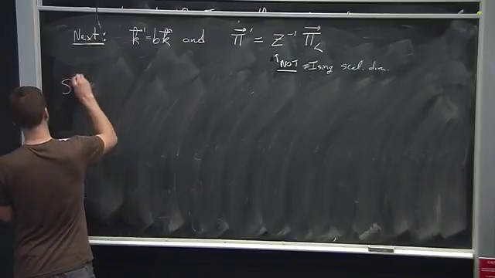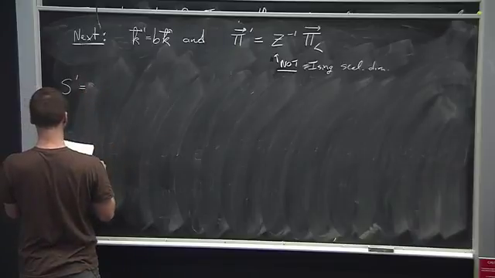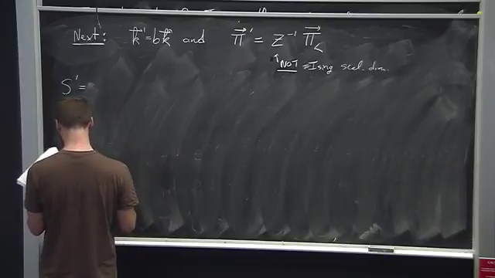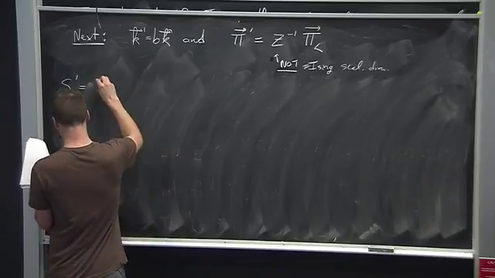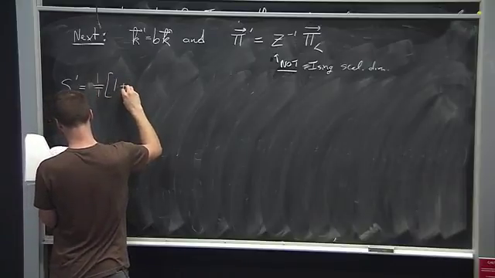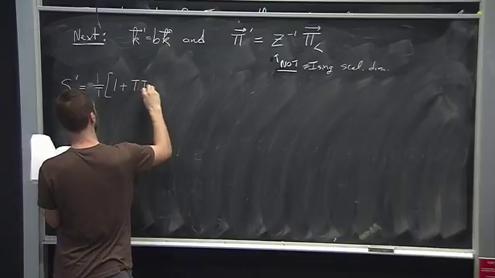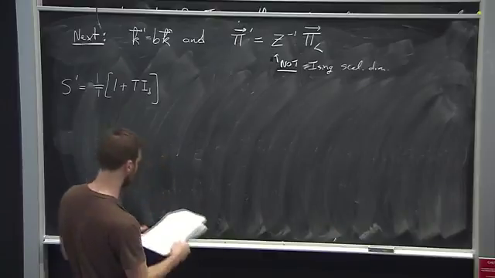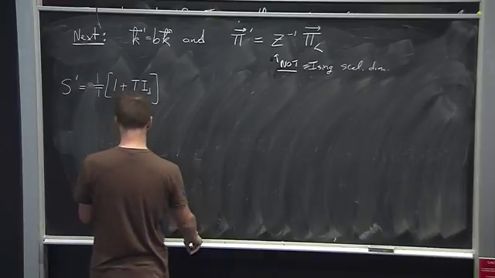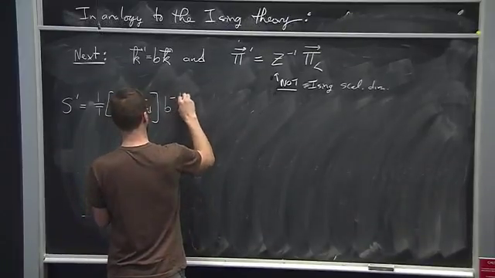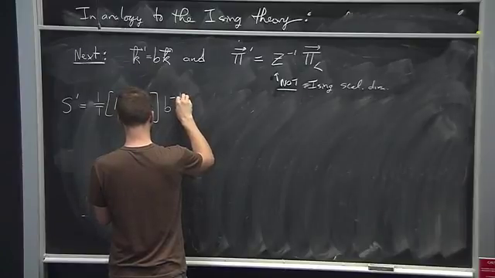So I'll just write the full S prime. So I have a k. Man, this is going to be complicated. So I have a 1 over t, 1 plus t I d. Is that right? Yeah, okay. Now I have to keep track of all my, okay, so I have b to the minus d, and also b to the minus 2.